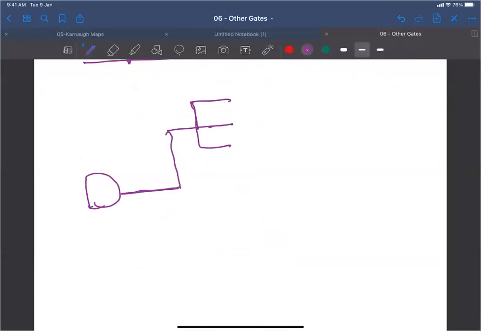Each one of them will drive another gate. For example, here you have an AND gate, here an OR gate, and here an XOR gate. We don't care about the gate. We just say that we have three gates, and then here we have another fork driving other gates, so a total of 6 branches.